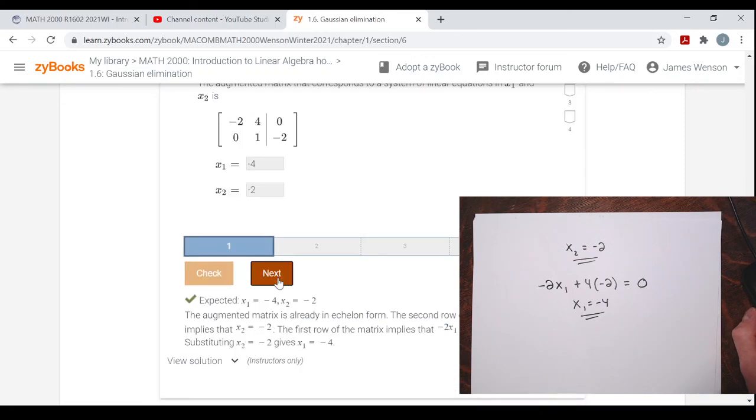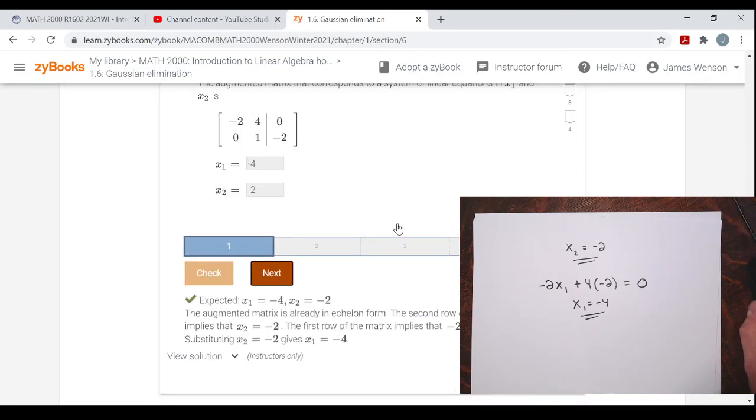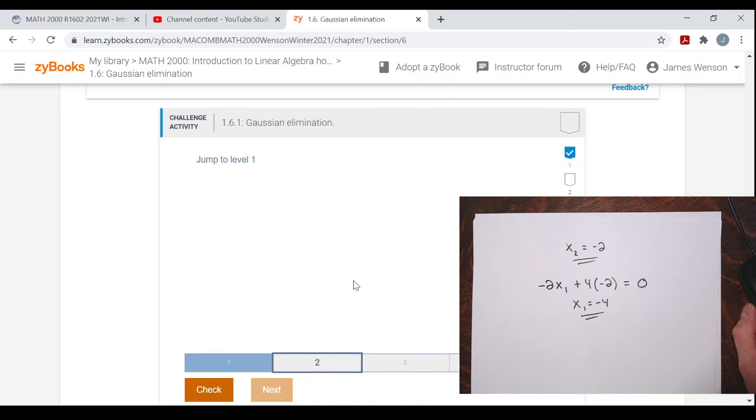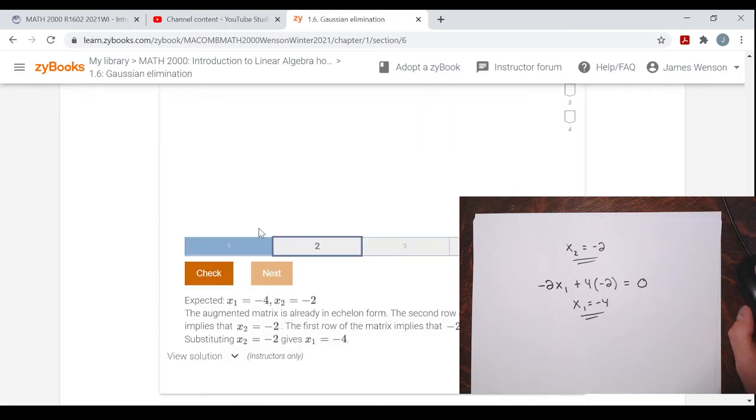Great. All right, let's see what the next one looks like. There's only 4 of them. Eventually coming here.